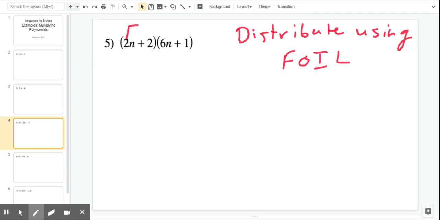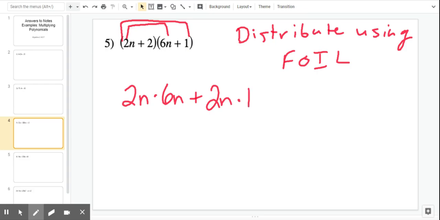So we start with first, which is 2n times 6n, outer, which is 2n times 1, inner, which is 2 times 6n, and then last, which is 2 times 1.